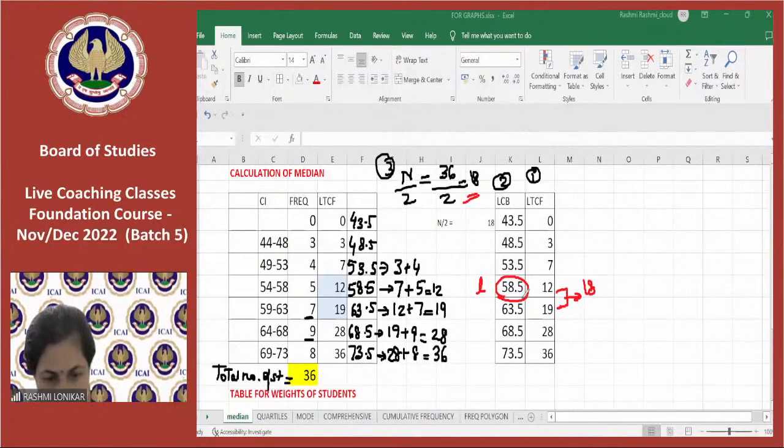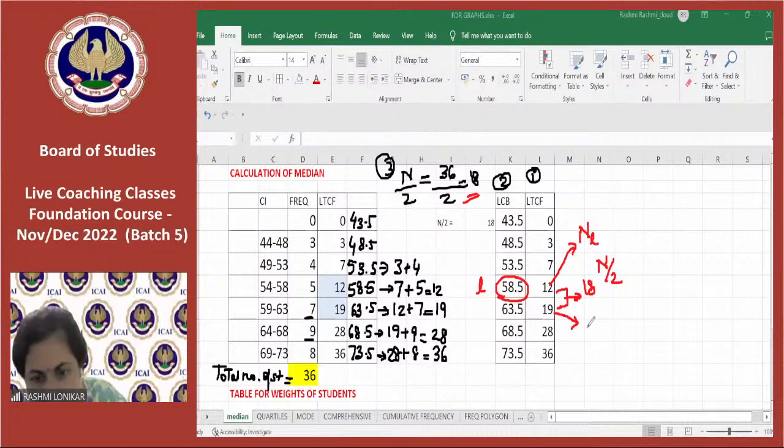Then this 18 is my n by 2. This 12 is the less than cumulative frequency of the pre-median class. This 19 is the less than cumulative frequency of the post-median class.